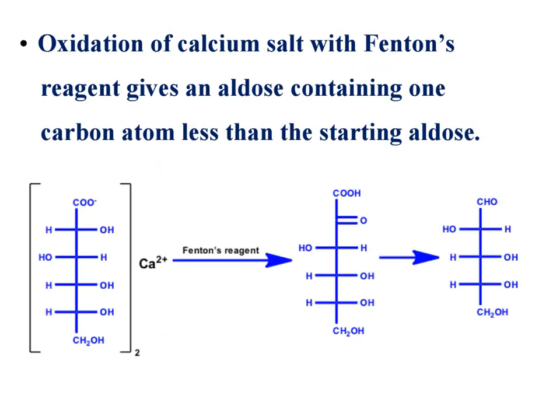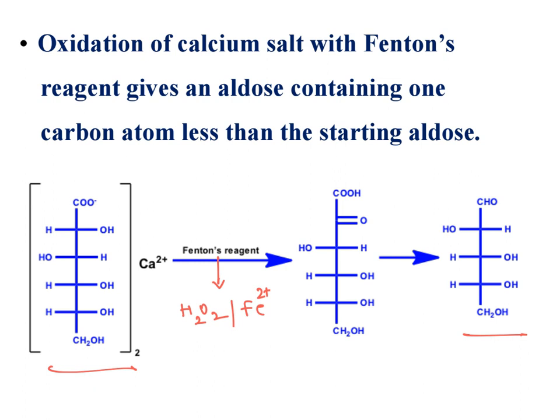In this step, the calcium salt of gluconic acid is oxidized with Fenton's reagent. Here hydrogen peroxide and ferrous ion, Fe2+ salt, this combination we call Fenton's reagent. Fenton's reagent oxidizes the calcium salt of the acid, which undergoes oxidative decarboxylation and gives the corresponding aldose, one carbon less.